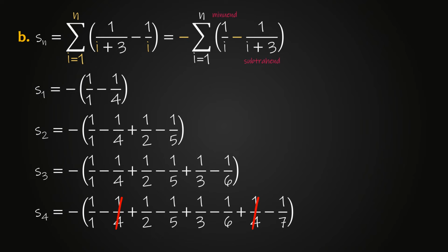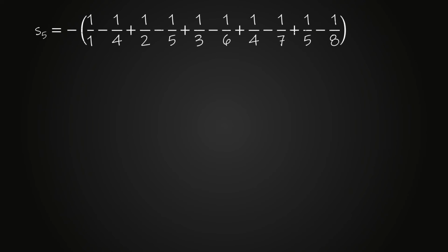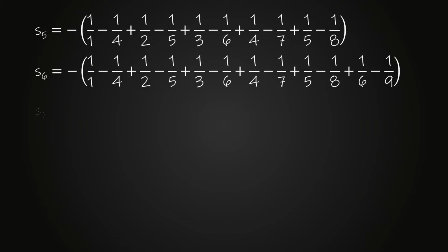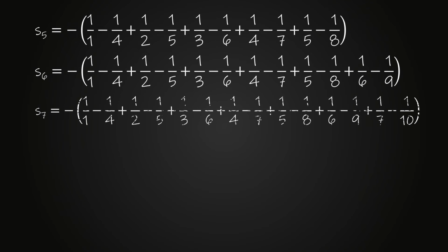We don't see a clear pattern yet, so we proceed with writing the next batch of partial sums. Write the terms of the partial sums, and then write out terms that cancel each other.